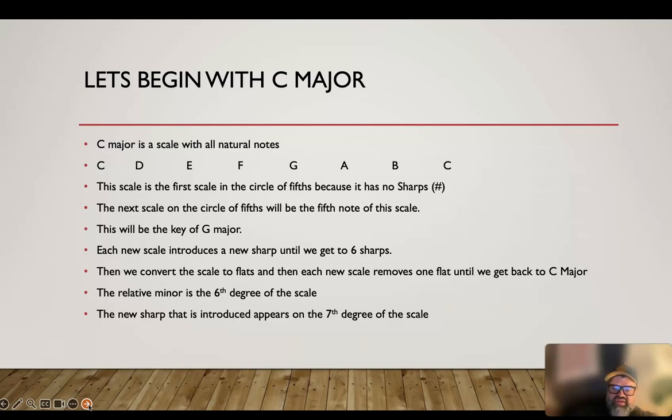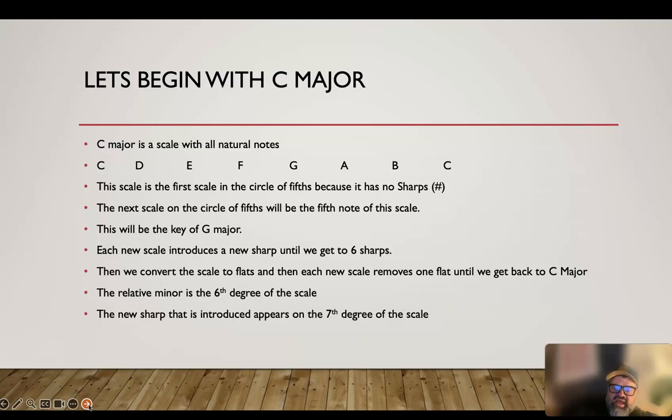So what you could do now is rearrange in your head or on a piece of paper the notes of the G major scale, and using the tone, tone, semitone, tone, tone, tone, semitone pattern, you'd very easily realize that one sharp is in that scale.